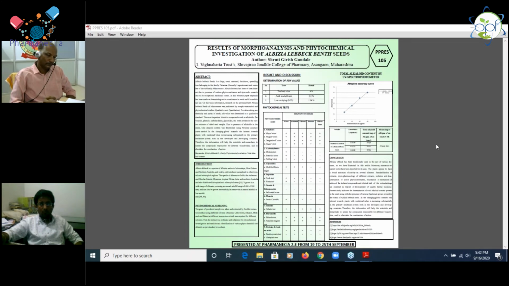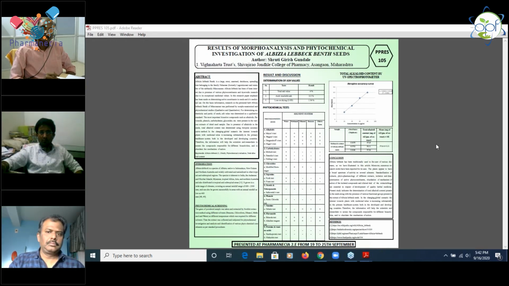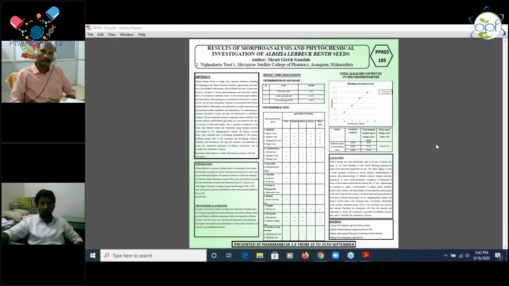Here we compared our results with the atropine blank sample, and the results were obtained in the methanolic extract of the seeds. The absorbances obtained were 0.3679, 0.3732, and 0.3698.